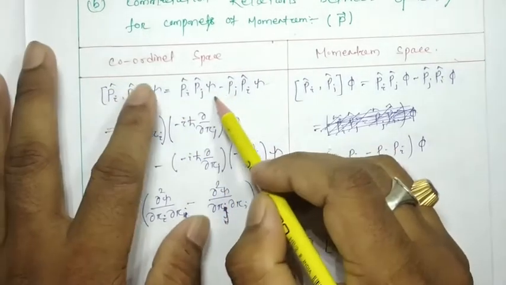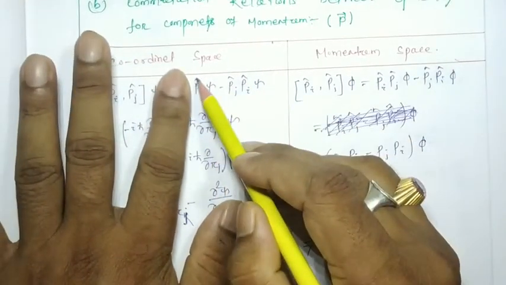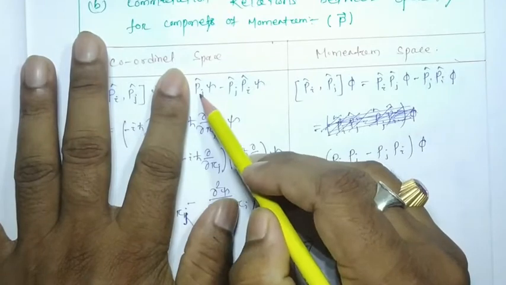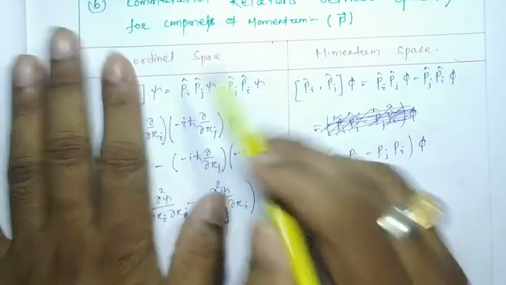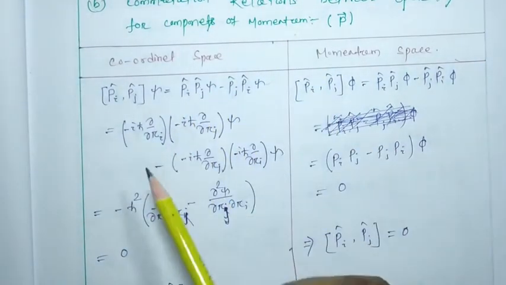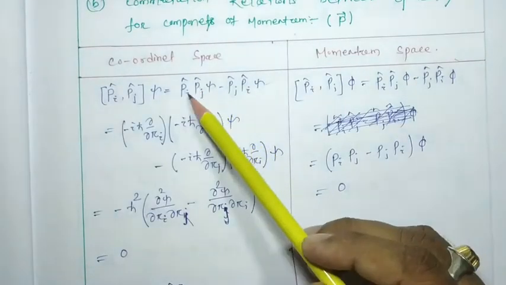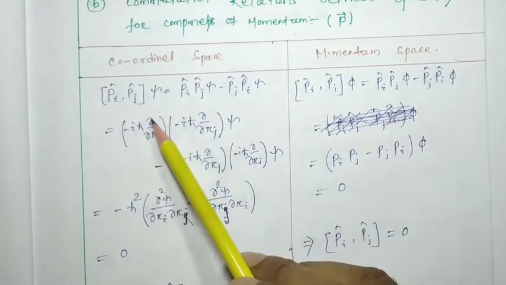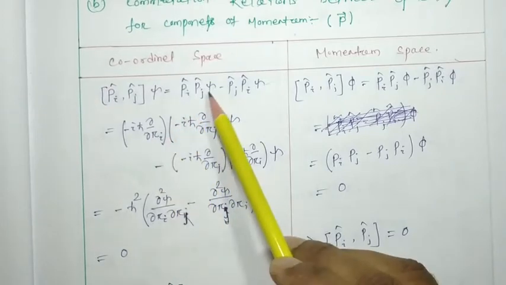This means first pj is going to be operated, then the answer whatever we get will be operated on by pi. So now we first have to write the values of pi, which in the coordinate space will be minus i h cross del by del ri.